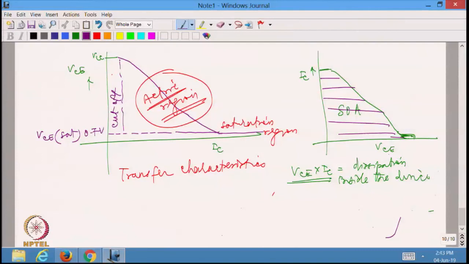But if I try to load it more than this current or go for a higher voltage, I am going to have a big problem. So, this is for continuous or DC operation.